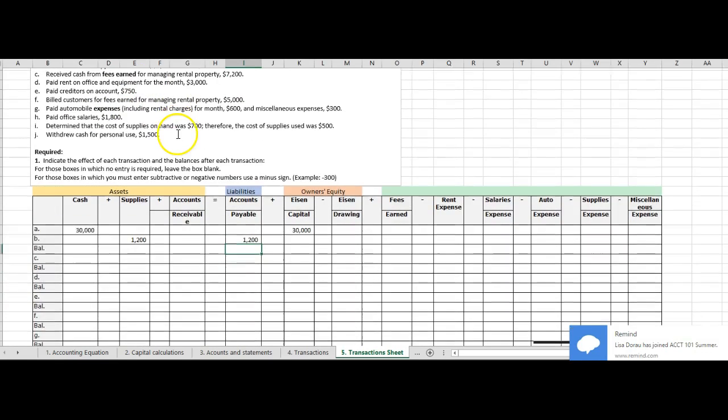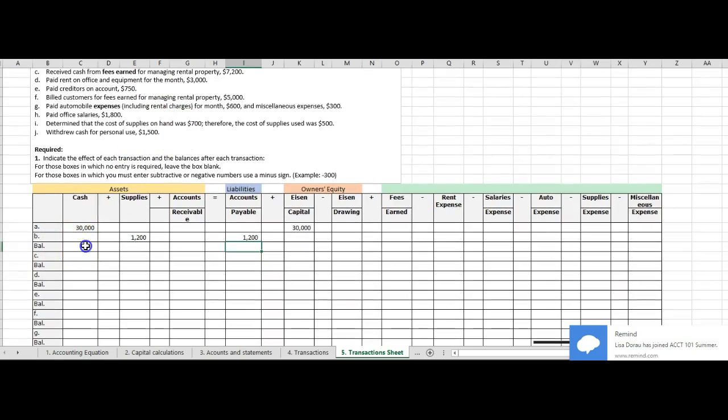So that takes care of B. Now, we have to make sure we're in balance. I have $30,000 here, $1,200 here, $1,200 here, and $30,000 here. Am I in balance? Well, looks pretty close to me.